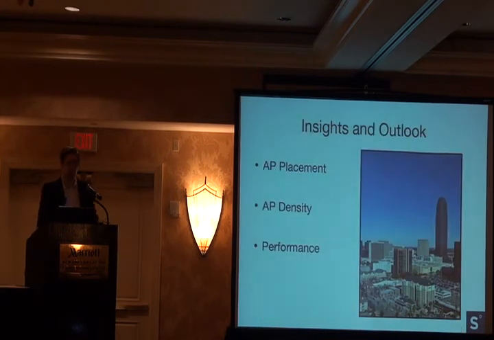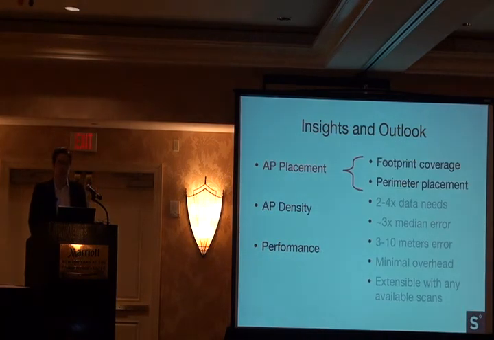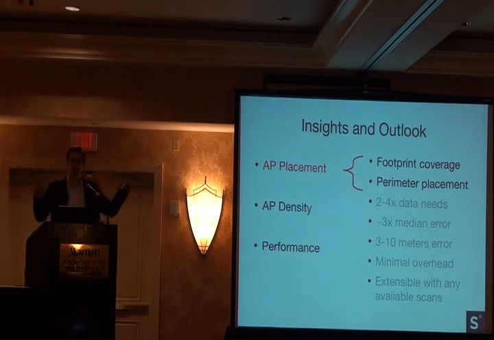So what we've learned so far is that the AP placement is really essential. So once again, with our venue partners, we can give them guidelines on how to produce better positions. So it's good for them to get the access points out to the perimeter of their venue, both from the standpoint of making sure we have signal power everywhere and keeping the access points non-collinear from any given scan location.